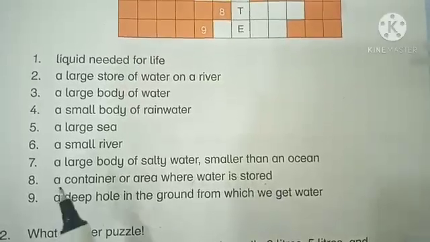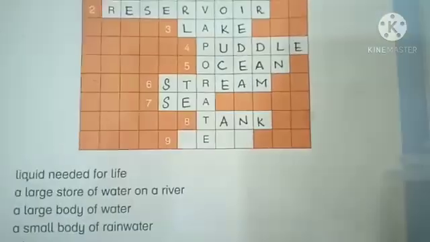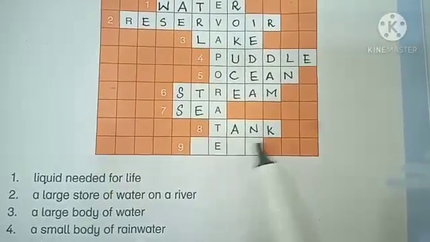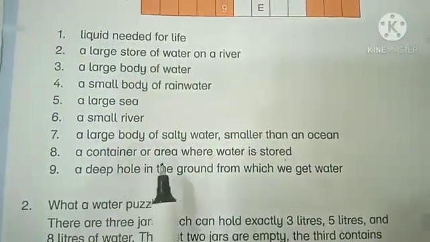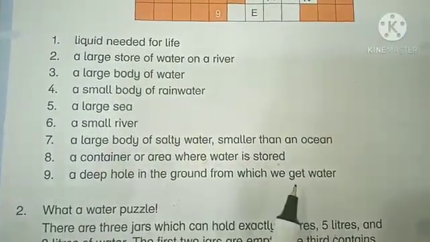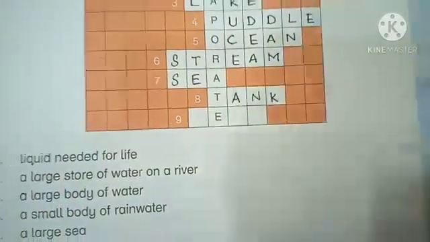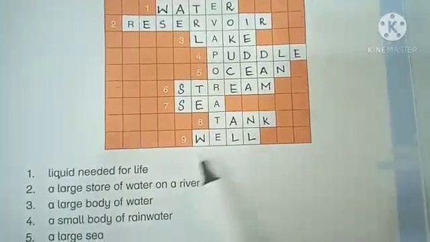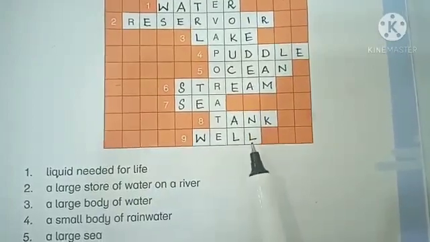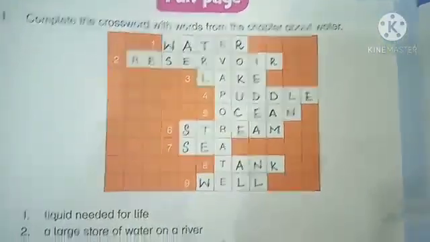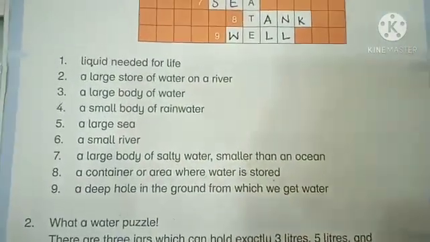So that container of water is called tank. T-A-N-K, tank. Last one is a deep hole in the ground from which we get water. It is called well. W-E-L-L, well. Now our puzzle has been completed with the help of these hints.